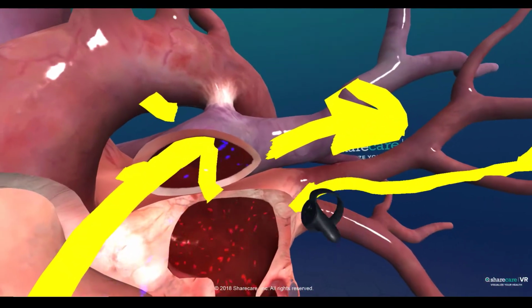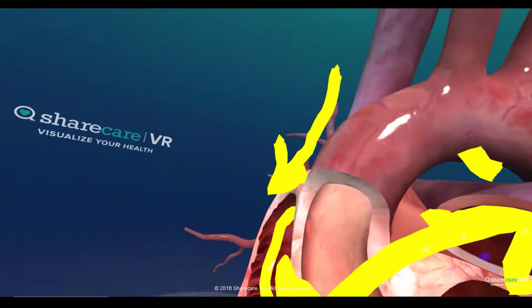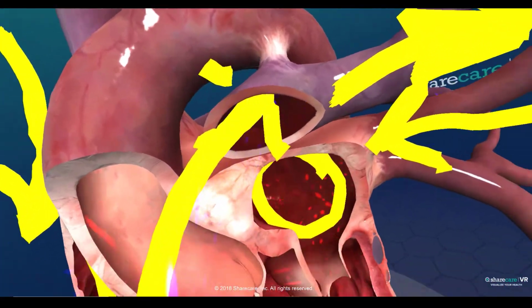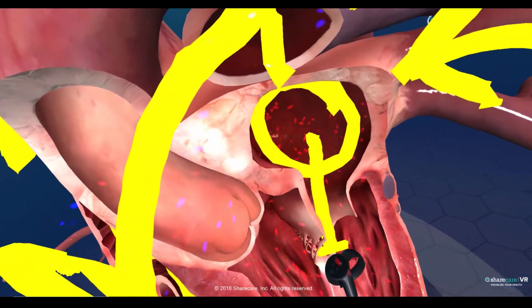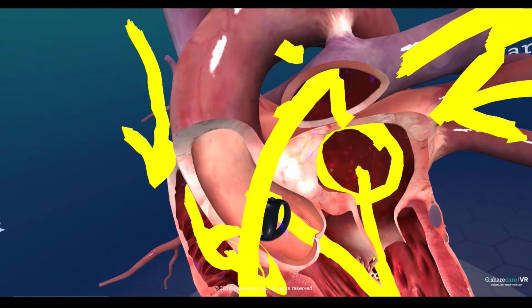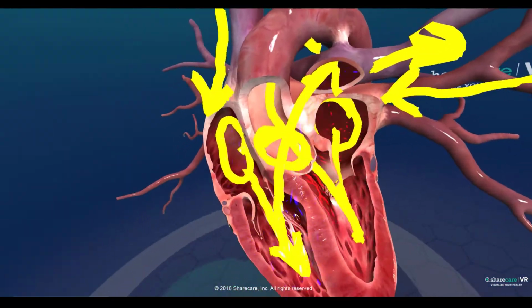Then we come back through the left and right pulmonary veins into our left atrium, through our bicuspid valve into the left ventricle, then through our aortic semilunar valve into the aorta.